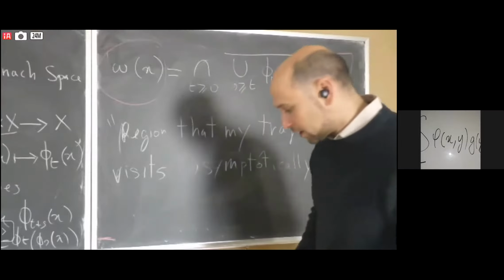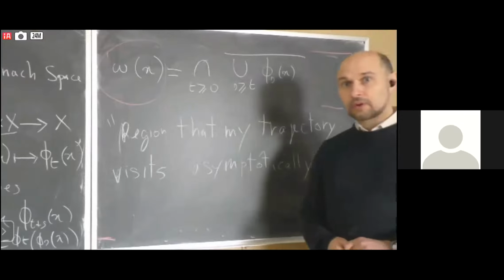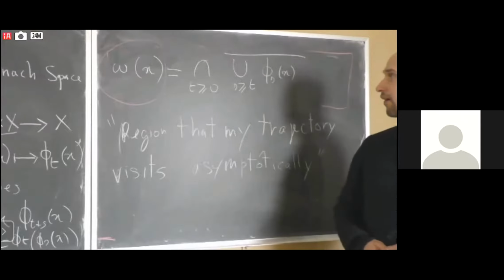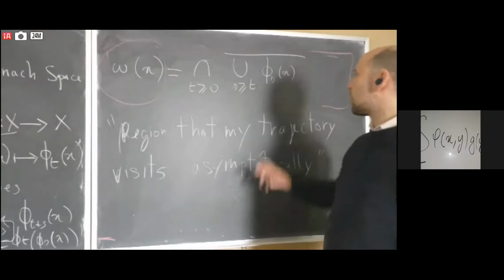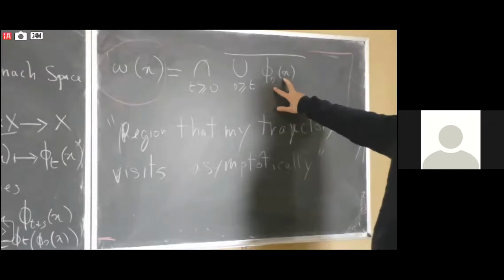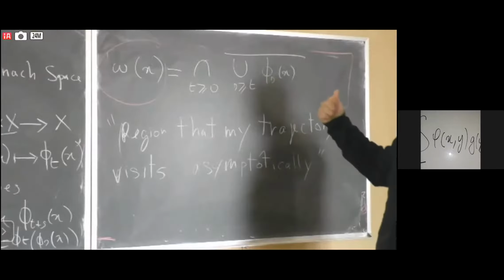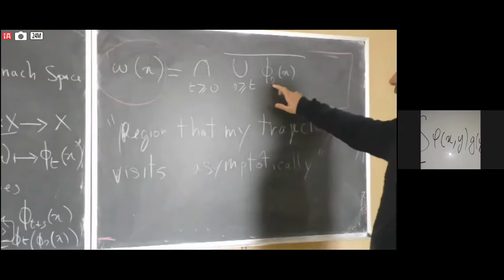Monsieur, excuse me, I don't understand very well. Phi, is it a map? Here, it is not a map, here it is sets. No, it's an application. So my phi, you give two things: a positive number, which is the time.